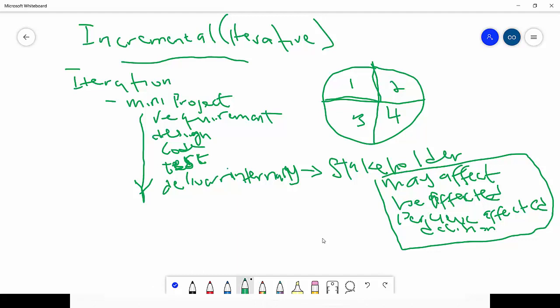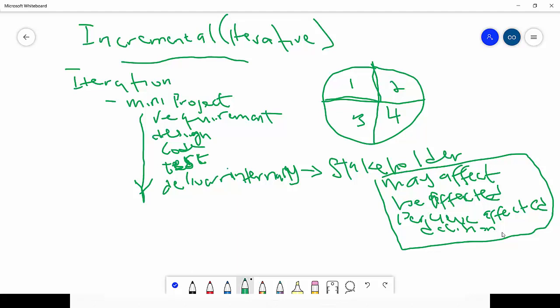Okay, so for any iterative model, what you do is you take the known requirements. Remember, in the waterfall model, you have to know all the requirements, finish all the requirements, and then sign off on those requirements.